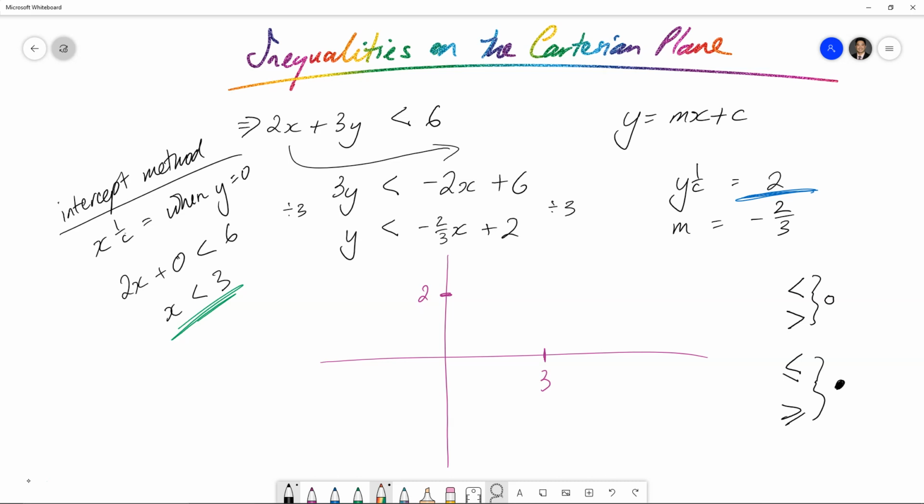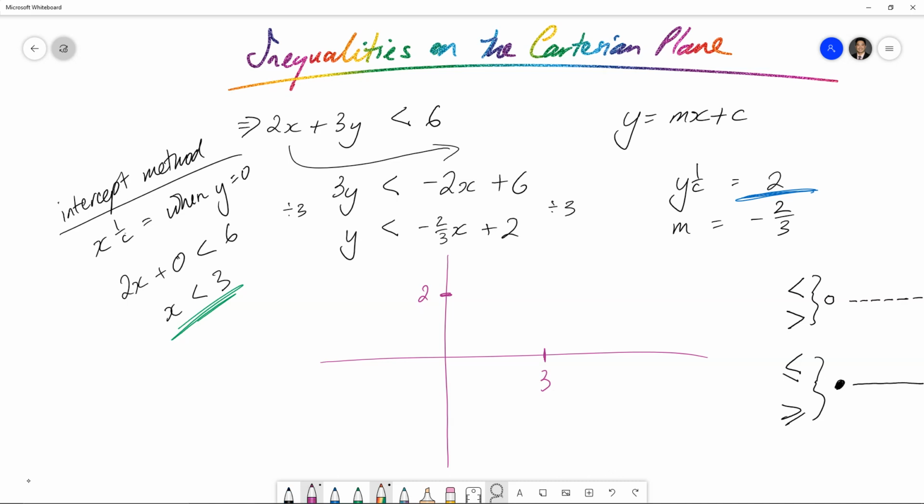But we're not working on a number line, we're working on a Cartesian plane. So when we're working with straight line graphs, the straight line is going to be a dash for the exclusive and a solid line for the inclusive.